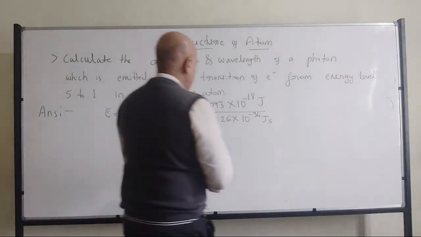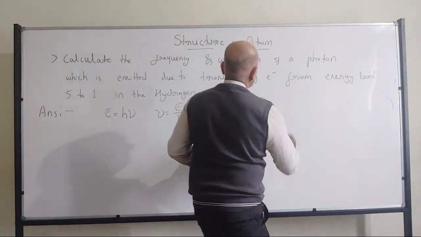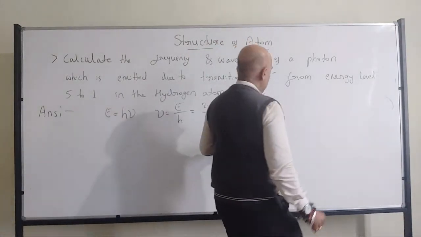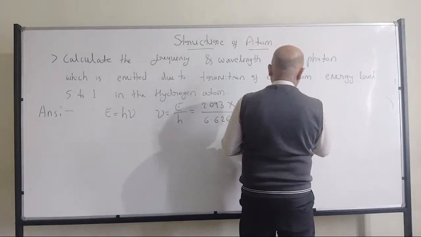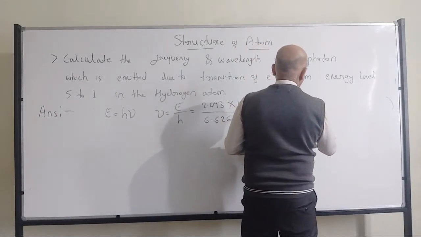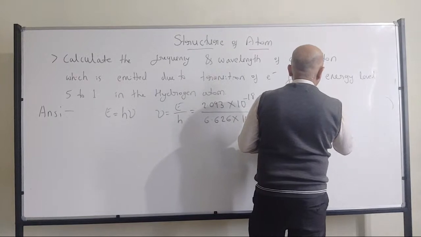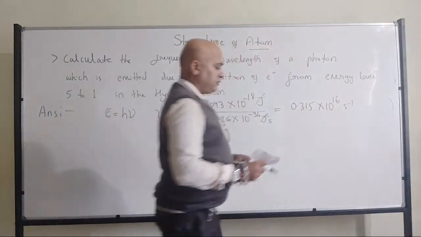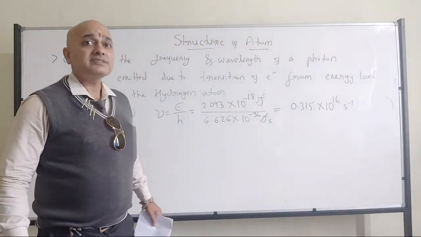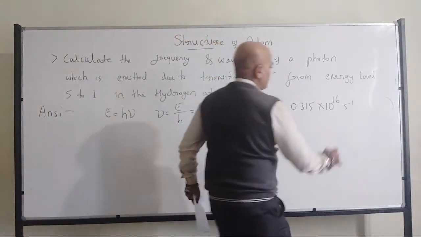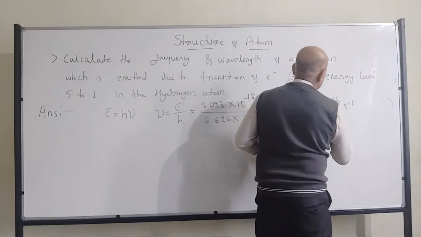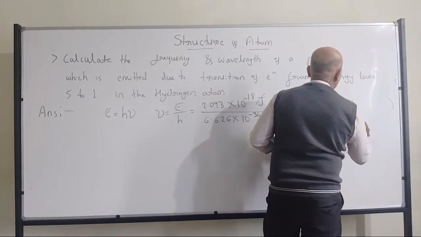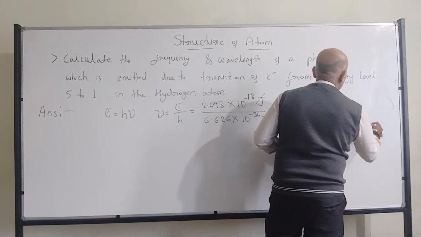So that's where we have the answer as joule. Joule will get cancelled. The answer will be per second, that is 0.315 into 10 to the power of 16 per second, or you can mention the same answer as 0.315 into 10 to the power of 16 hertz.